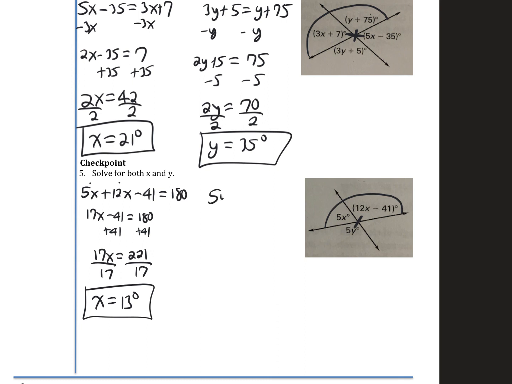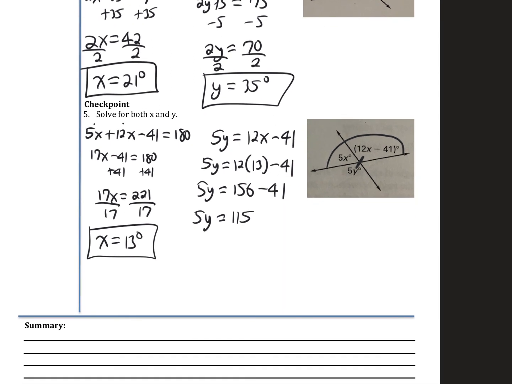So 5y equals 12x minus 41, because those are vertical angles. But we know that x is 13, so I can plug in 12 times 13 minus 41. 5y equals 12 times 13, which is 156, minus 41. 5y equals 115.